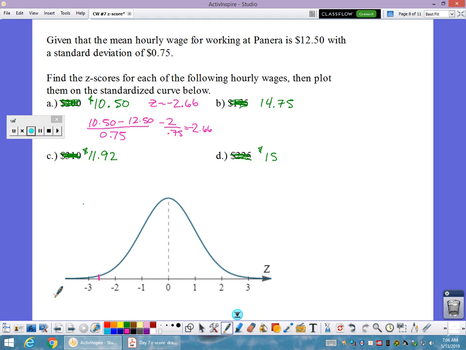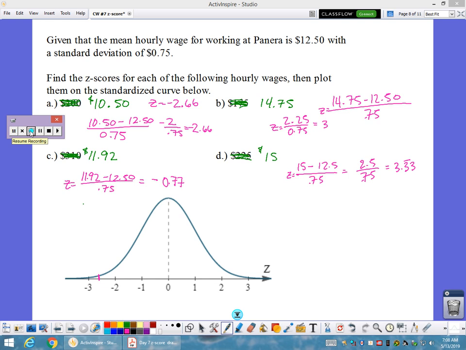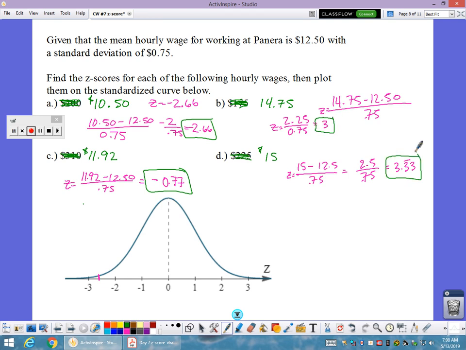All right. Okay, try these three and then plot them on a curve. Go ahead and hit pause so students can work. All right, hopefully that was enough time. I went and found all the z-scores. So when I plot them here, it's less than 1 deviation from the mean.